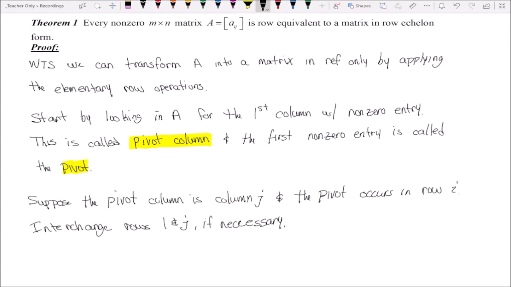I'm sorry, that should not be J. That should be rows 1 and I. In other words, if the pivot occurs in a row other than 1, switch row 1 and I, making your pivot now in row 1.